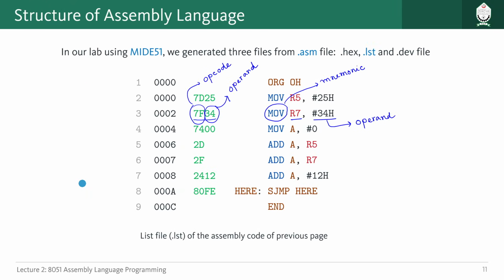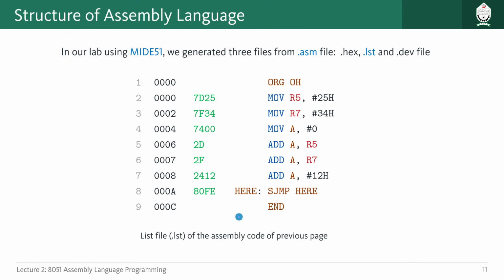Now, as I talked about the list file, let us try to understand with the help of the list file how a code actually gets executed in 8051. These are the memory locations starting from 000H. These are hexadecimal values, these are the opcodes, right?